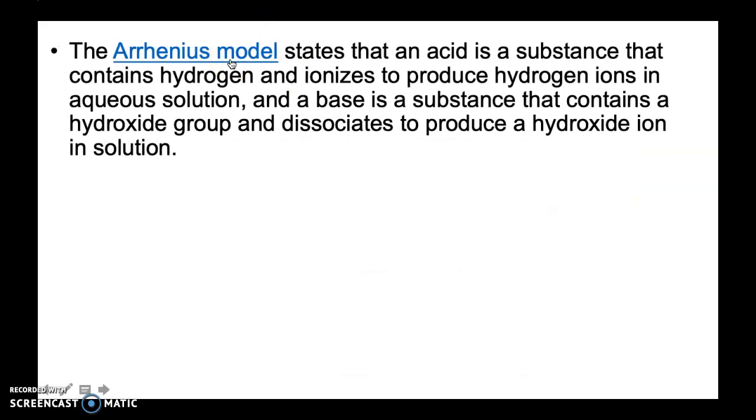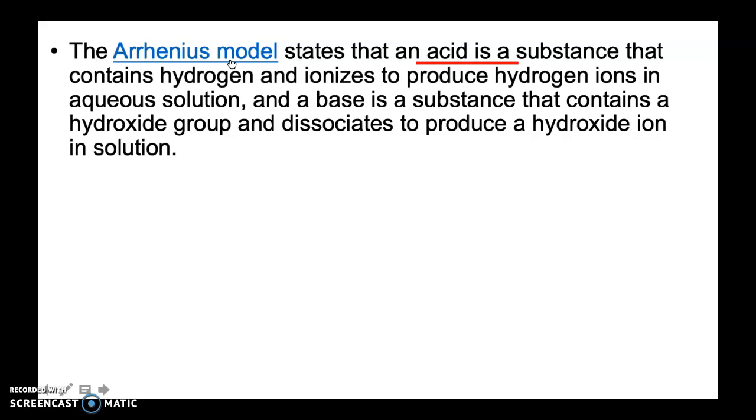Arrhenius model. A model of acids and bases states that an acid is a substance that contains hydrogen and ionizes to produce hydrogen ions in aqueous solution, and a base is a substance that contains a hydroxide group and dissociates to produce a hydroxide ion in aqueous solution.